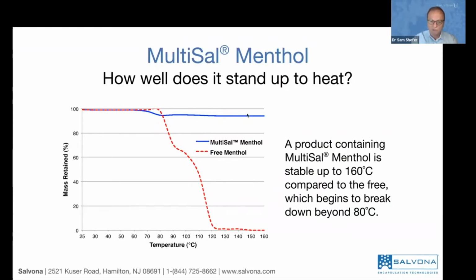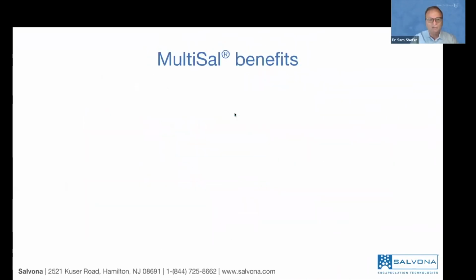And we took the most volatile, like menthol, but you can think about flavors that are volatile, fragrances that are volatile, and many other ingredients that are volatile. So this is a very good technology to stabilize volatile ingredients and increase their resistance and stability while in high temperature.